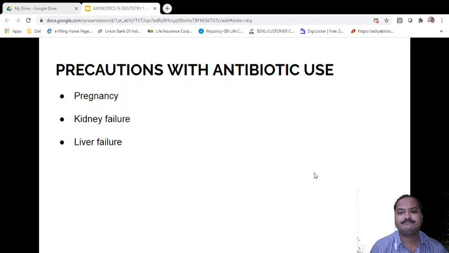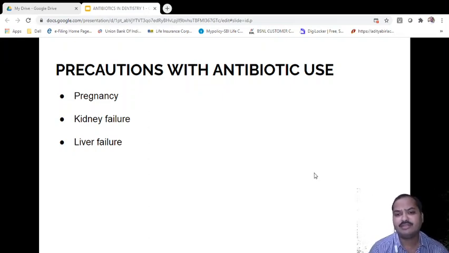So sometimes we have to give certain antibiotics, and those are given based on the assumption that they have not shown any human or animal effects, though these have not been evaluated with much efficiency.